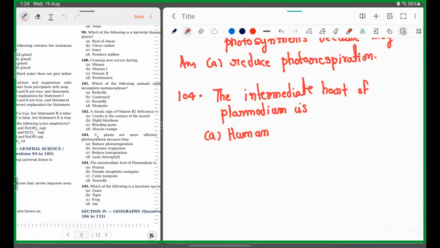A keystone is a species which has a large impact on the environment compared to how small its population or mass is. So the correct answer will be grass, because, not grass, sorry, it is small but has a large impact.